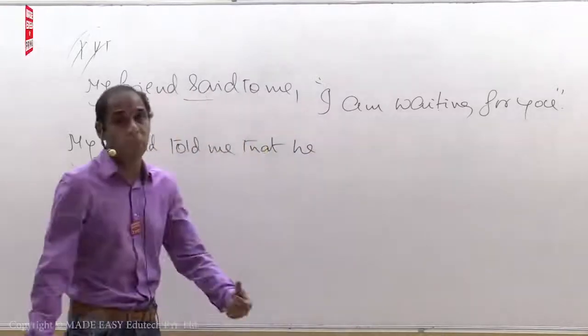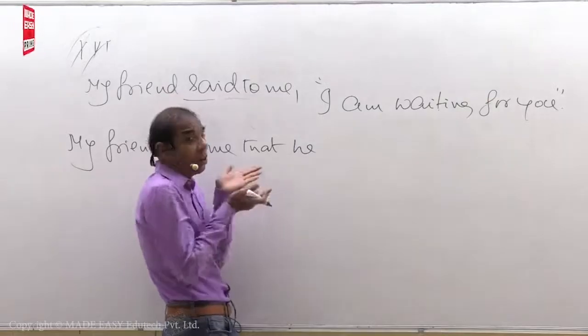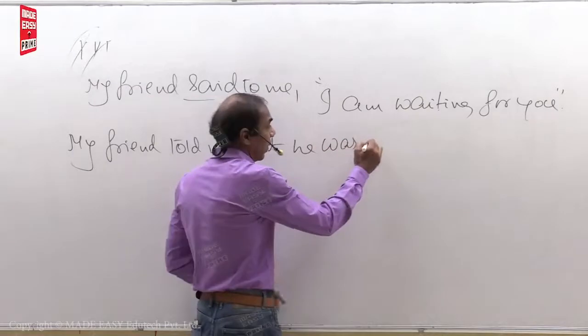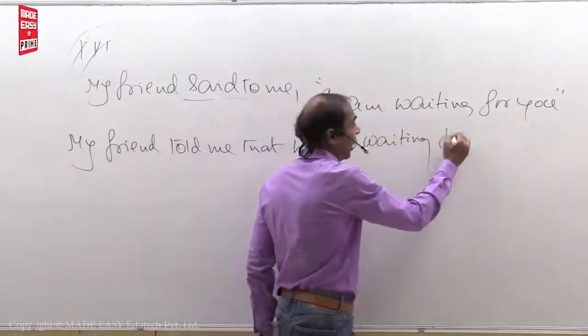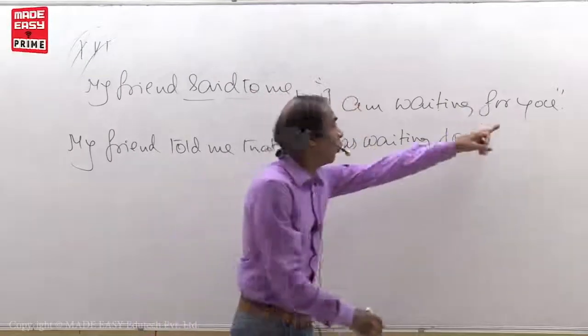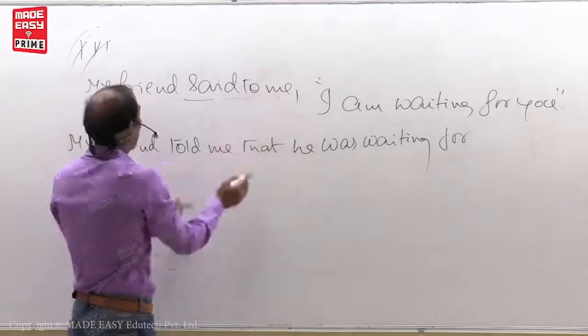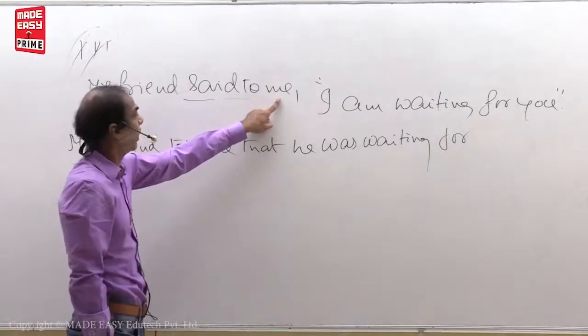What is the formula of the past continuous? Was or were plus V1 plus ing. Was or were, what do you have to put here? In the case of singular, put was. That he was waiting for. You always changes as reporting verb object. This is reporting verb subject. This is reporting verb object.